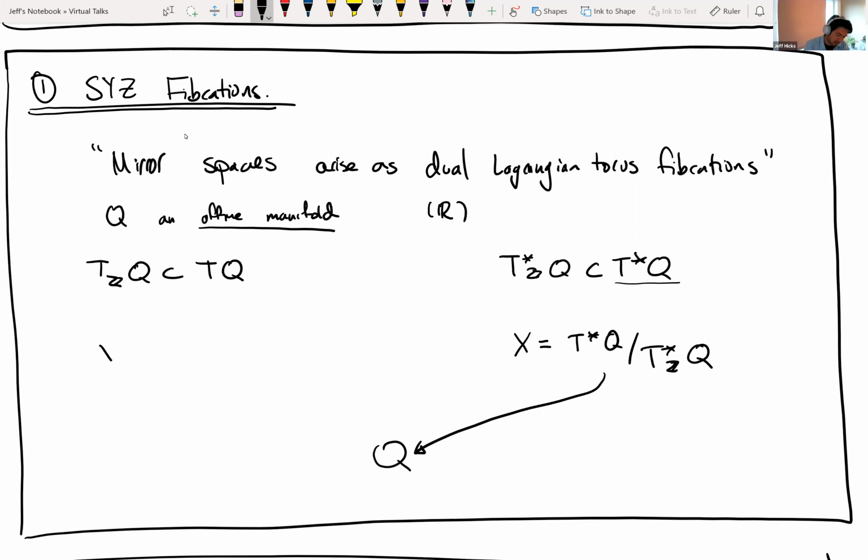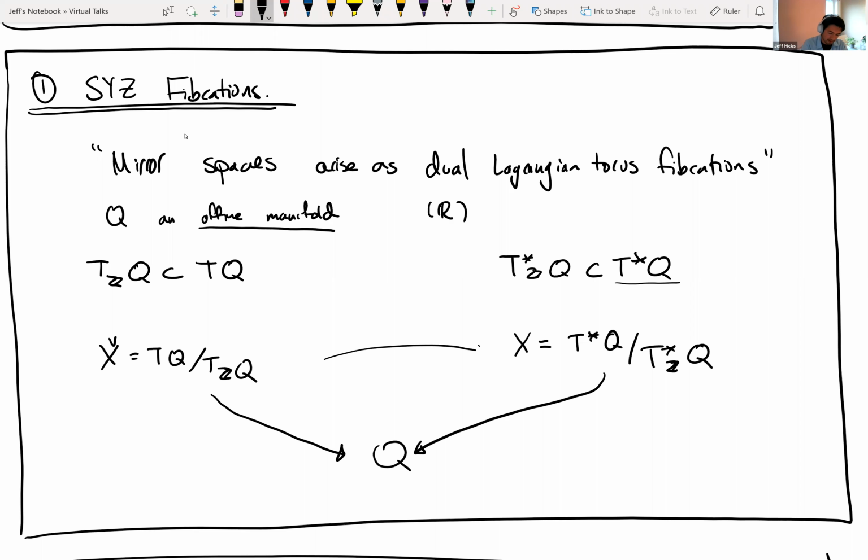On the flip side, I could look at TQ mod T_Z Q. The tangent bundle has a connection which comes from this affine structure, and therefore comes with an almost complex structure, which simply takes the base directions and interchanges them with the fiber directions. That also descends to this quotient, and it gives me a totally real torus fibration, where the fibers are given by the tangent fibers, which have been periodized.